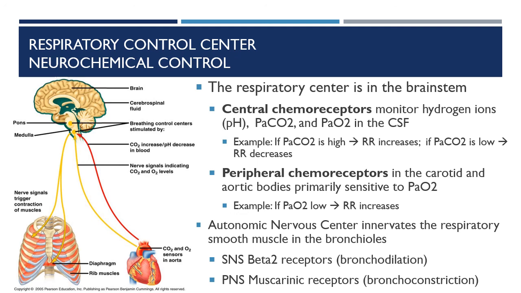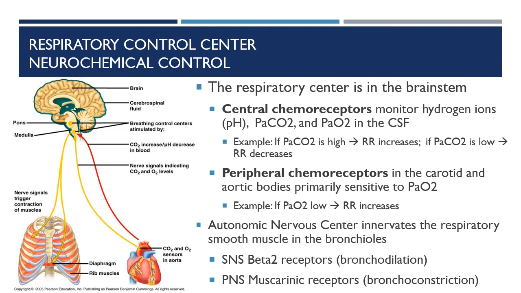We can use beta-2 type drugs, which are going to bronchodilate, or we can use drugs that block the parasympathetic system. So we have inhalers that are beta-2 agonists or muscarinic antagonists, and we'll talk about that. Okay, so we can stimulate the sympathetic system, or we can block the parasympathetic system, and we get bronchodilation by doing both of those things.